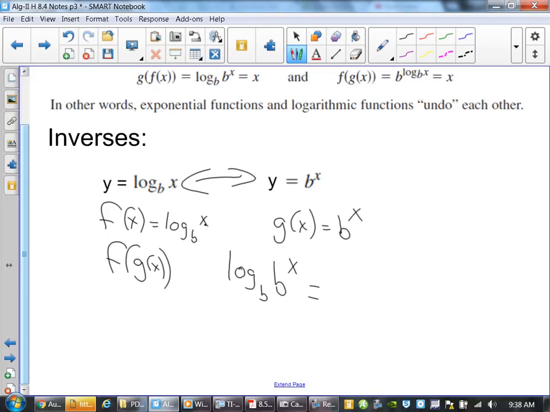What happens here, and this is what I was getting at with that example you were talking about with number 33, is that when you have the log base and it's the same base as the value after it, those bases, for lack of better terms, cancel each other out. They undo it. This simplifies, this exponent falls. That's how that exponent is able to fall.